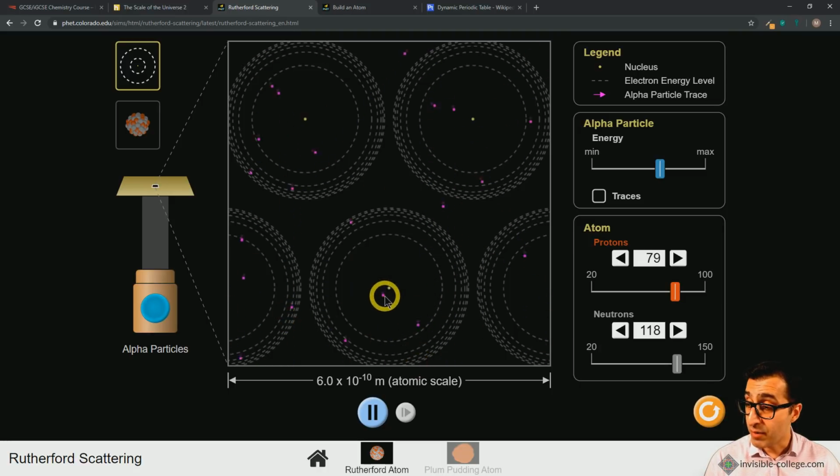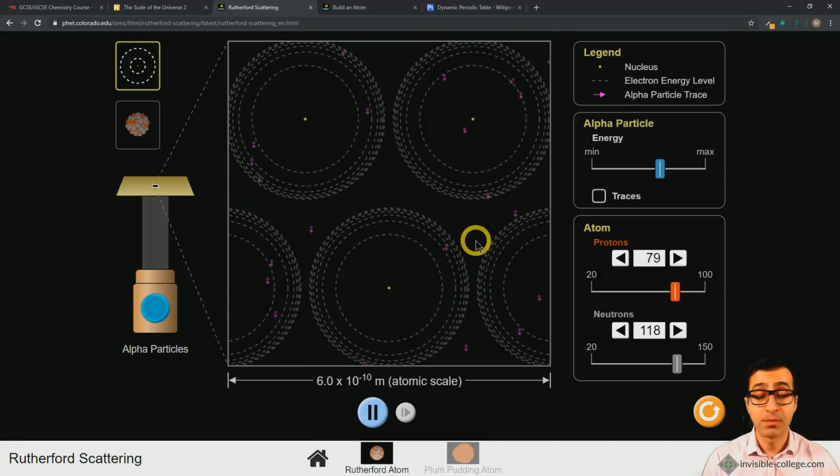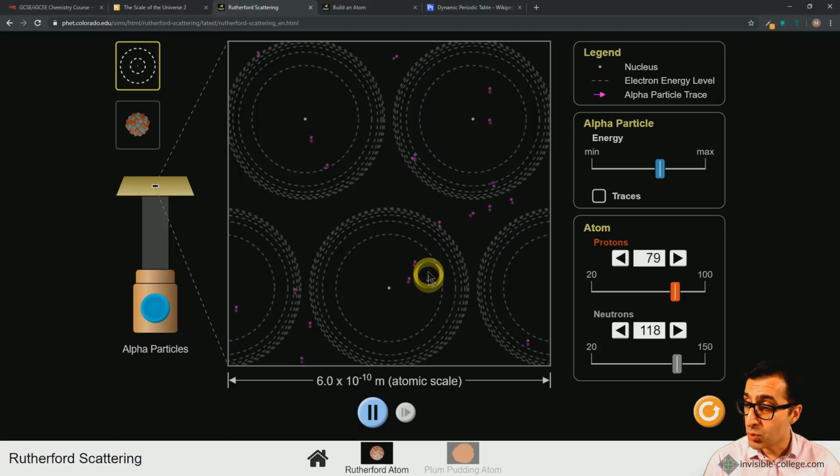So the ones that come very close to the nuclei, as you'll see here, are deflected through various angles as a result of the electrostatic repulsion between the positive charges of the nucleus and the positive charge of the alpha particles. The ones that go relatively further away from the nuclei are deflected less, or they pass straight through. Some of them will be deflected straight back at various angles because they come straight at the nuclei.